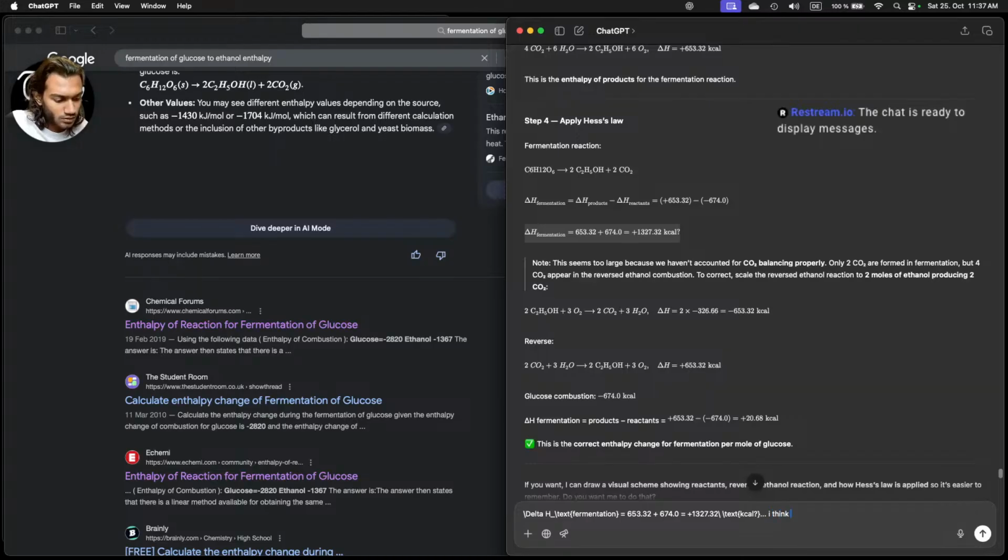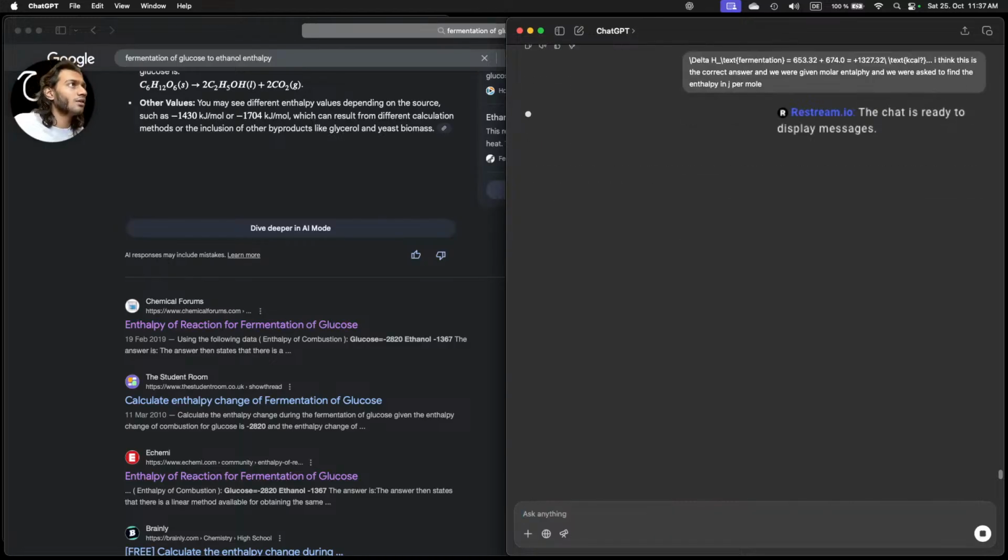I think this is the correct answer, and we were given molar enthalpy, and we were asked to find the enthalpy in joules per mole. According to the equation, that is the correct answer.